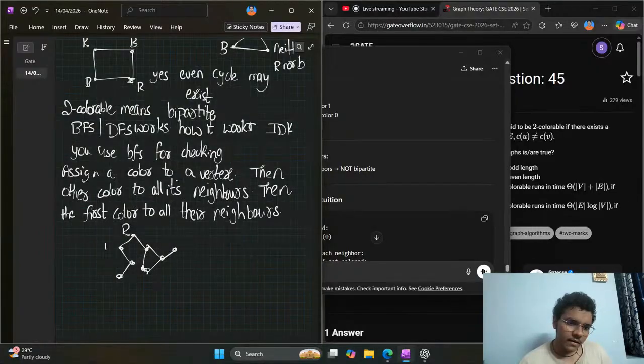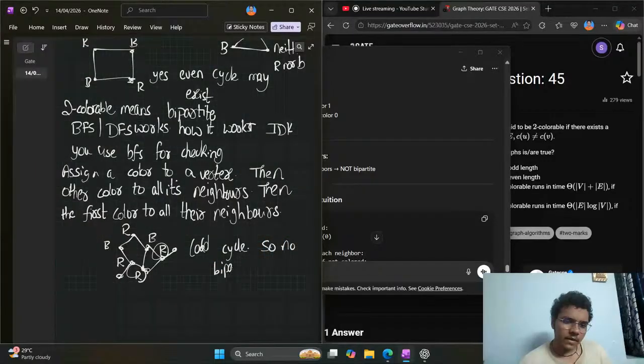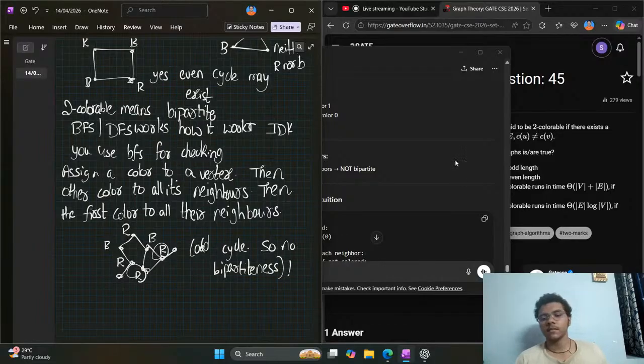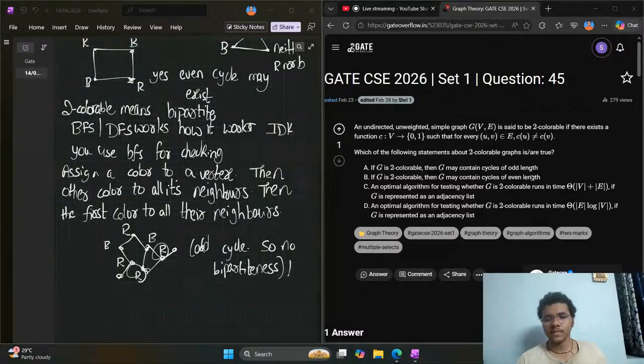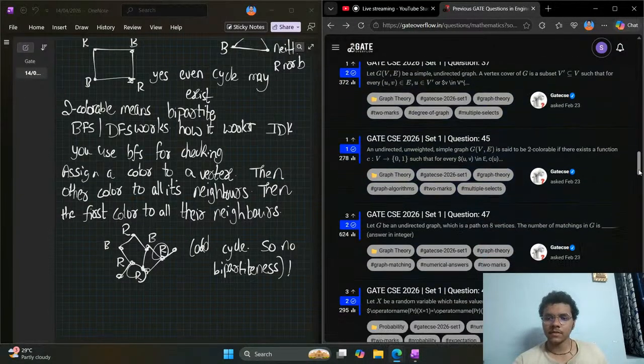If you make it R, you will make it B, then you will make it R again, and you will make it R. It contains an odd cycle, so no bipartiteness. Okay, makes sense. Wow. O of V plus E. This honestly makes sense, to be honest.